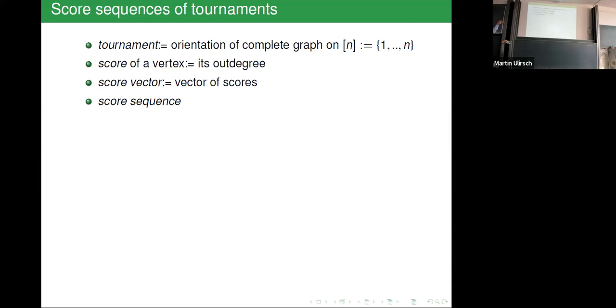Because actually he argues on the first page that at the end of the tournament, the result you get is not the score vector, but the score sequence. You are ordering the scores in a non-decreasing sequence, and that will be the result, the score sequence.